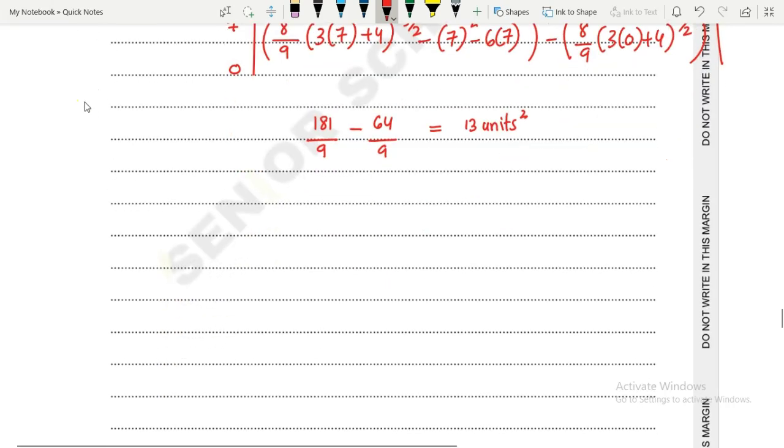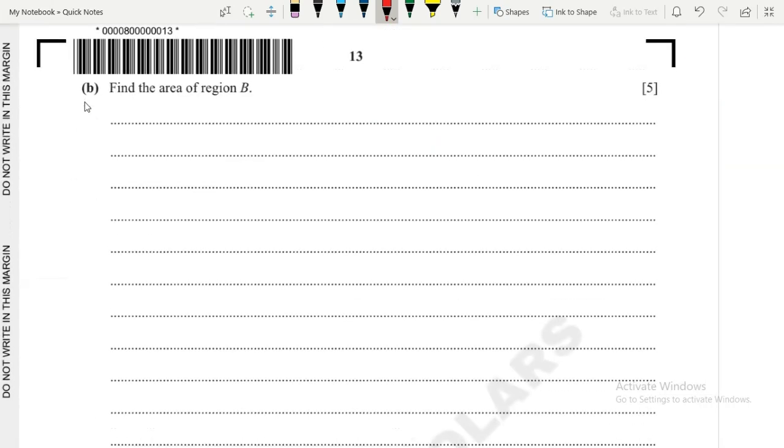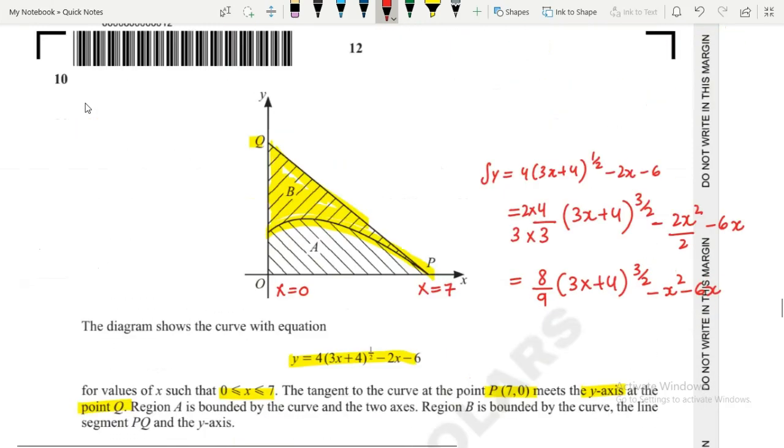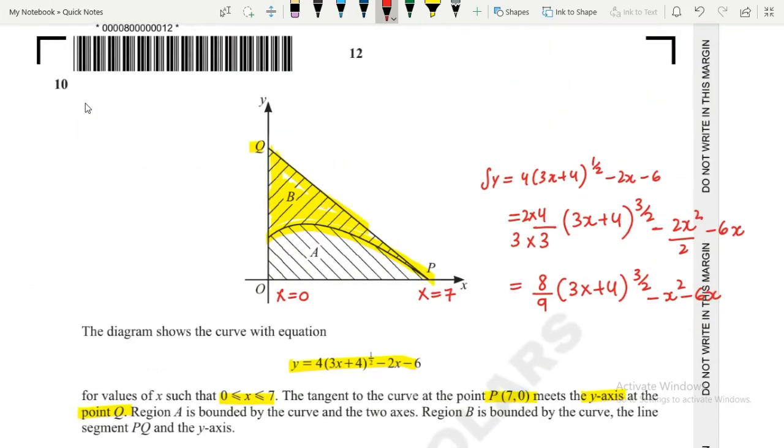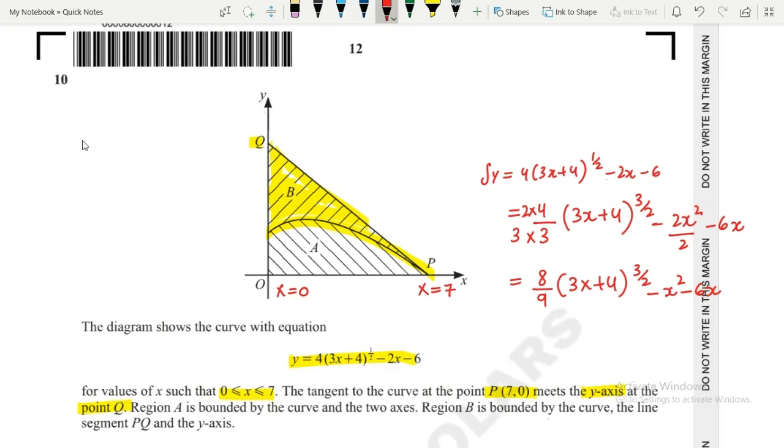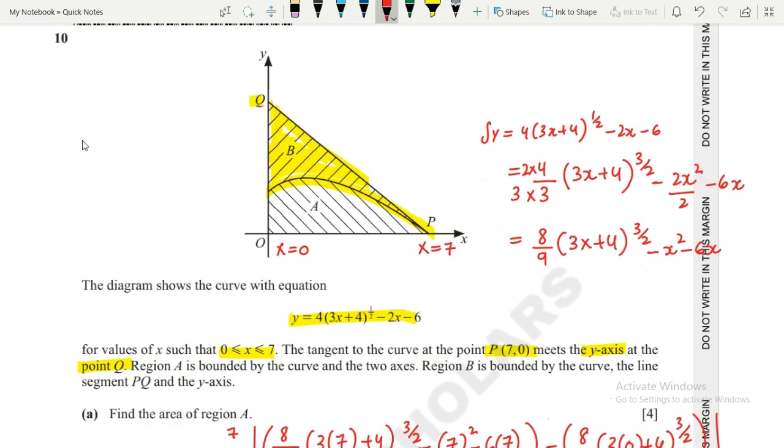Okay, let's move on to the other part. Find the area of region B. For region B, first of all we can find the triangle area. How are we going to find it? We find the equation of the tangent at the point P, because they have given us that line PQ is a tangent to the curve at P. Then we put in x = 0, because it coincides with the y-axis, and so we have the point Q as well.